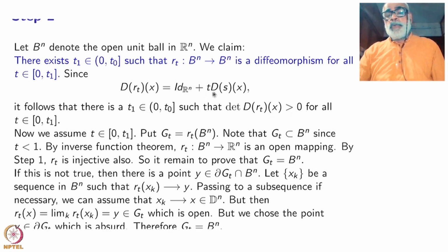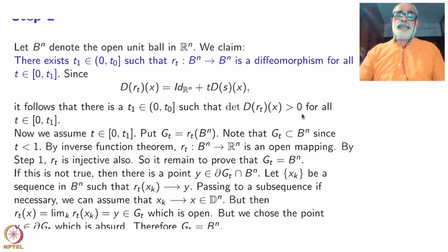Because when you put t equal to 0, what is the determinant? It is the determinant of the identity map, which is 1. By continuity of the determinant function as a function of t, for t some positive number, the determinant of Rt must be positive.